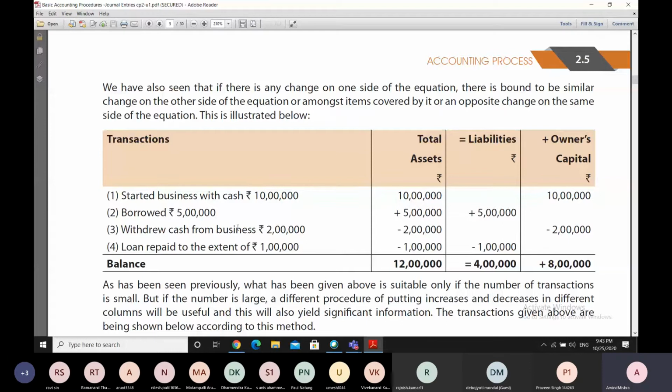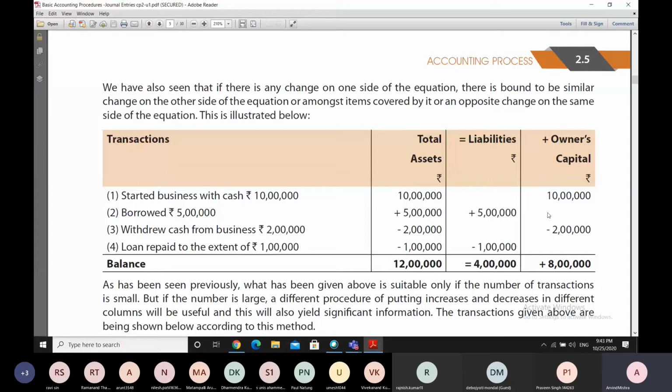Then suppose that the person or the company borrows 5 lakh rupees from someone. When 5 lakh rupees is borrowed, it increases the cash balance, so we get an addition of 5 lakh to the asset, and when we borrow, our liability is also increased by 5 lakh.